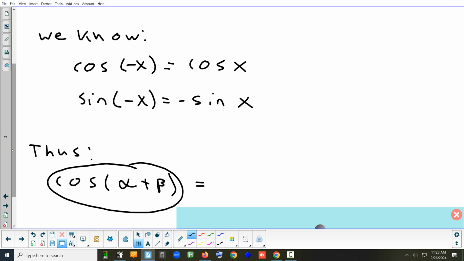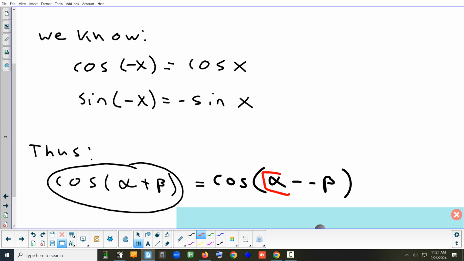If it's cosine of a difference, then we need to figure out how to rewrite this as a difference and use what we already know to figure that out. So how could you write alpha plus beta as a difference? Alpha minus negative beta. Exactly.